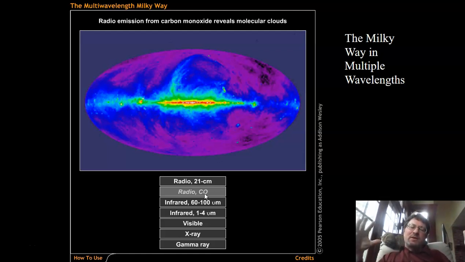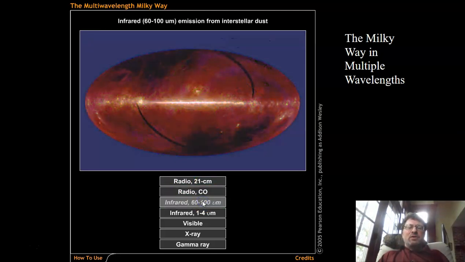But in these molecular clouds, you can have carbon monoxide. And so here we're tracing out where you have these colder molecular clouds. In the infrared, you can tell where there's a lot of interstellar dust because it heats up to maybe hundreds of Kelvin by surrounding radiation and then glows in the infrared. And so here we can see that infrared dust.